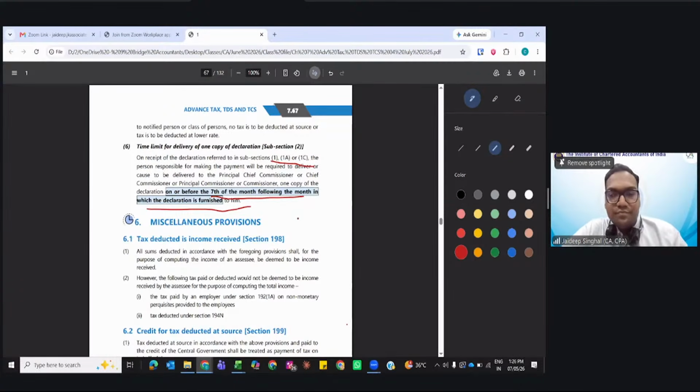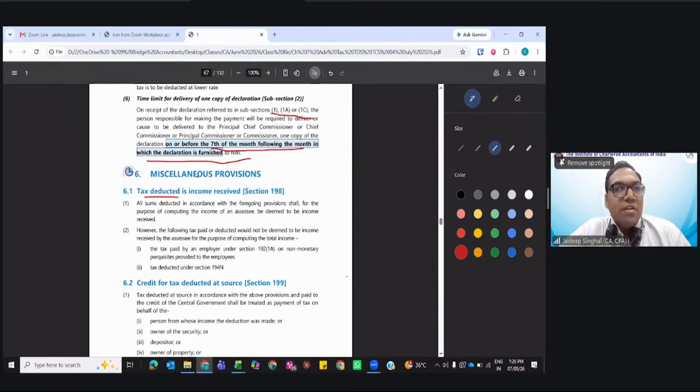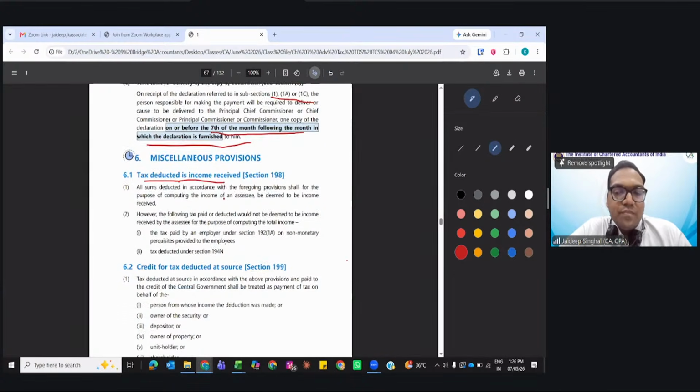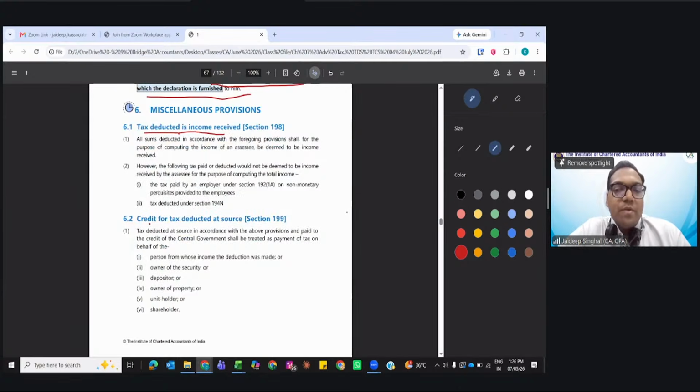See, next is TDS deducted is income received. Whatever TDS is deducted, in my case, 1,90,000 of 1 lakh was income. So TDS deducted is also income that is received. Credit for TDS: we know if TDS is deducted by the payer, it will reflect in which form?